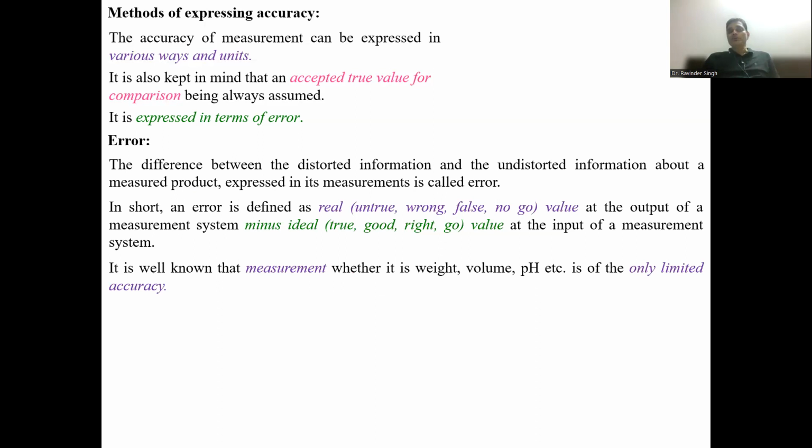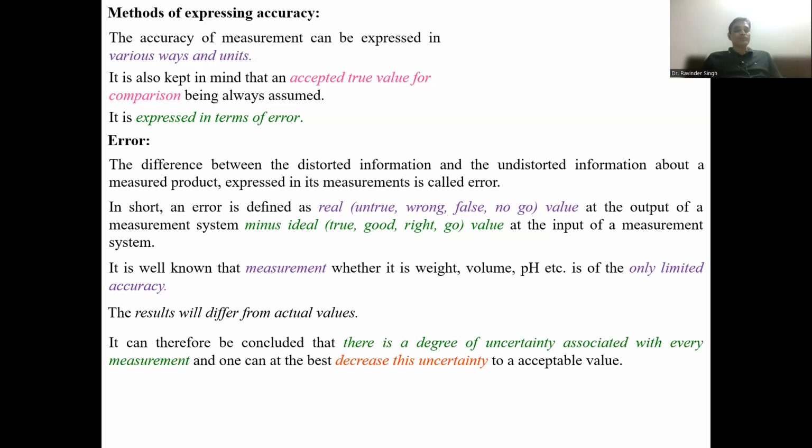And it is also a known fact that in all kinds of experiments and all types of measurements, whether related to weight, volume, pH or anything else, all these measurements have only limited accuracy. The results will always differ from the ideal value, or the actual value.